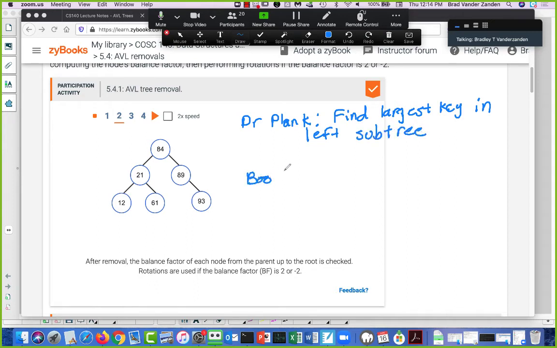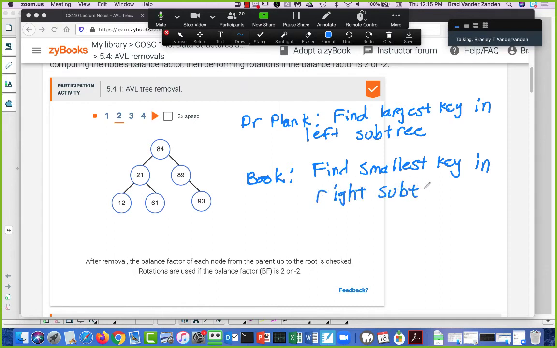But the book did it the opposite. It finds the smallest key in the right subtree. So just a warning, you can't just blindly copy the book's code, because Dr. Planck wants you to find the largest key in the left subtree, and you have to do it his way because he's using script-based grading. So he expects your tree to look like his tree.